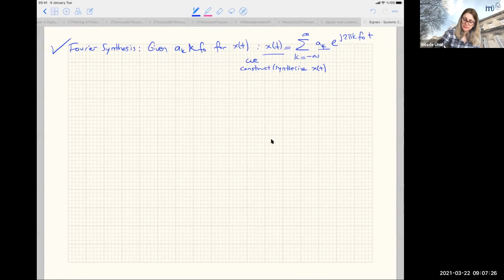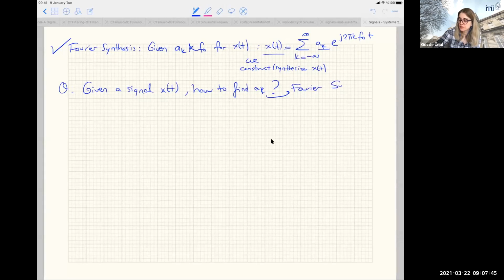Given a signal x of t, my question is how to find ak, the Fourier series coefficients. This is called the Fourier series analysis problem.